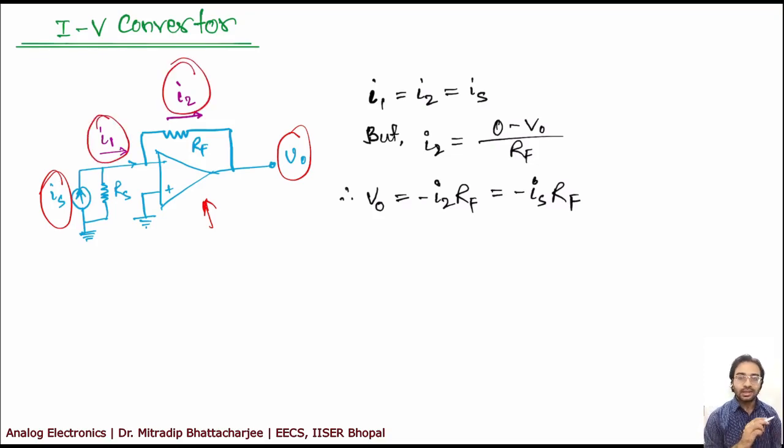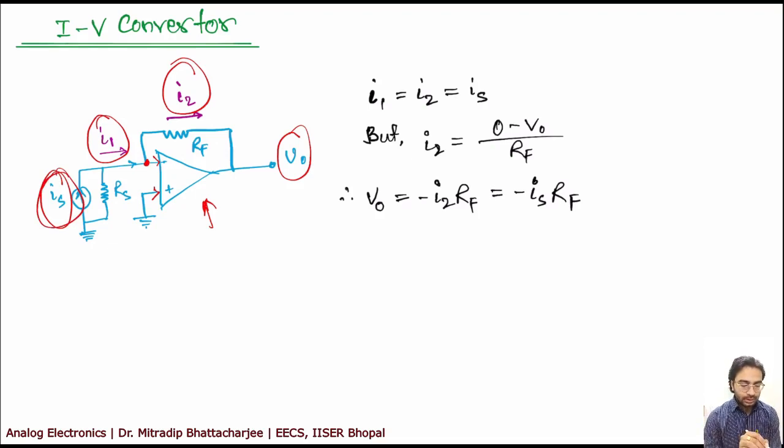This current and this current are both equal, because this place is a virtual ground and there is no current going inside. So your I1 will be equal to I2, which is equal to the Is value.